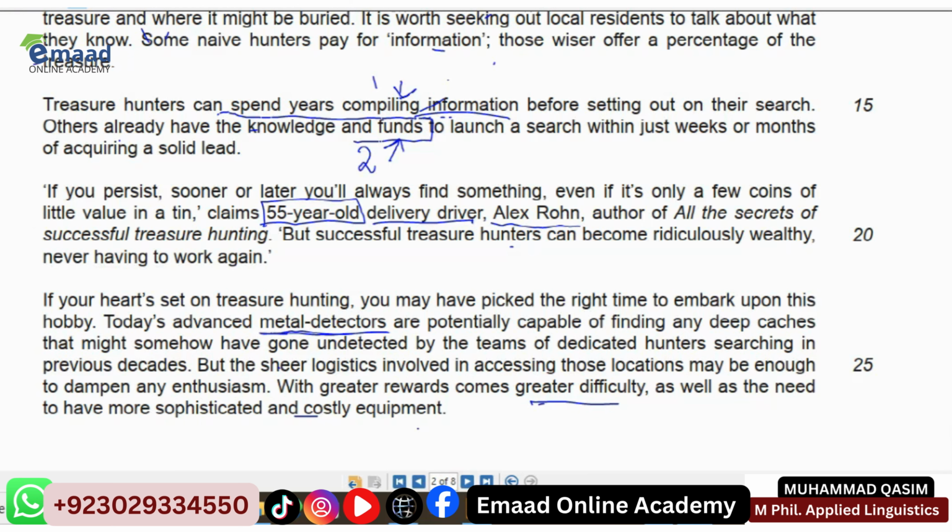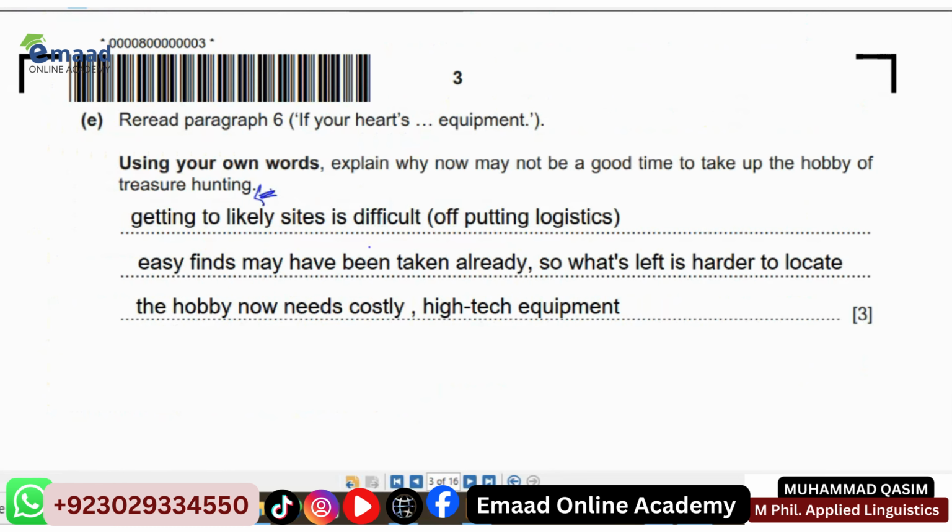So in the light of this paragraph, the things that we get, why now may not be a good time to take up the hobby of treasure hunting? The first thing is that getting to likely sites is difficult. Number two, easy finds may have been taken already.